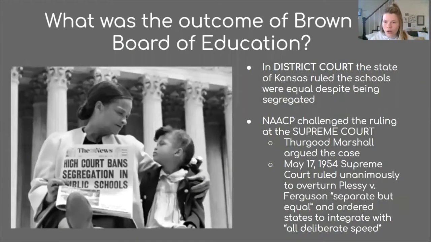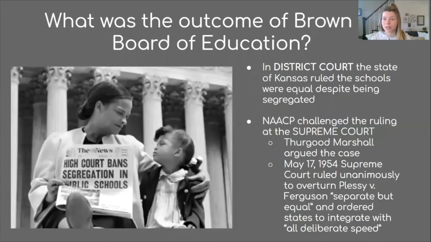So what was the outcome of Brown versus Board of Education? Well, first in the district court, meaning the court in Kansas, the first place that this case gets tried, Kansas ruled that the schools were equal despite being segregated. Well, that gets kind of busted.